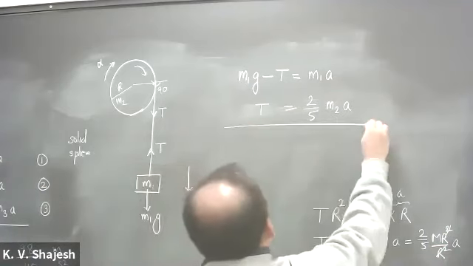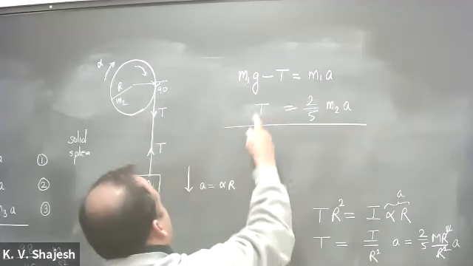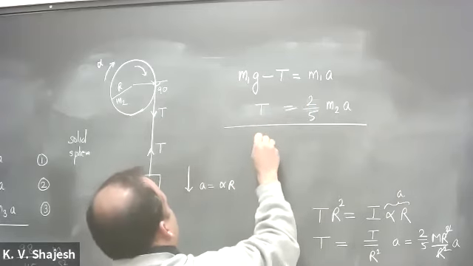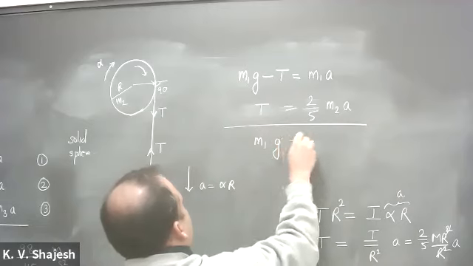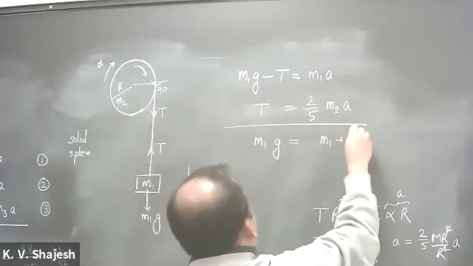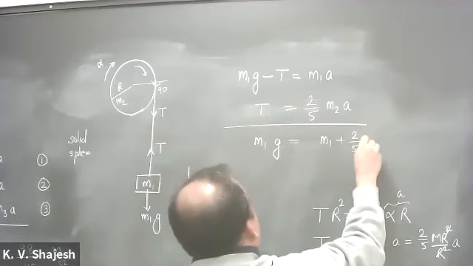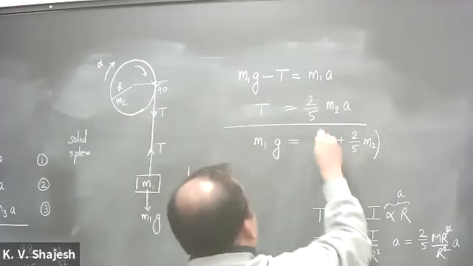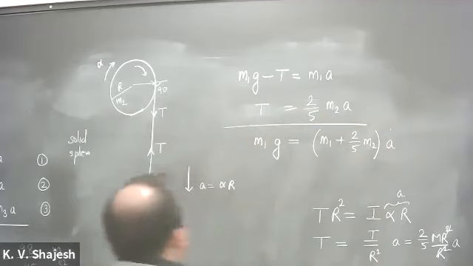There are only two equations, so I can add them. So tension T cancels out. That's M1G is equal to M1 plus, very similar to the problem earlier, 2 by 5 times M2, times acceleration.